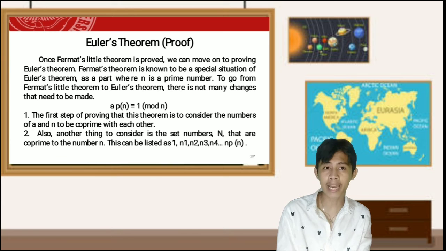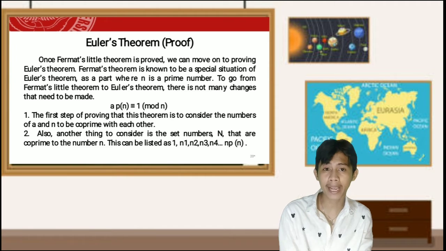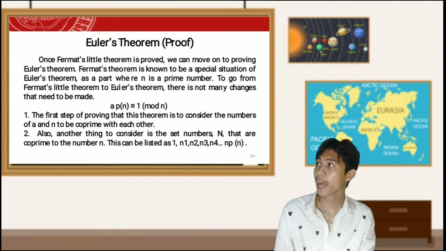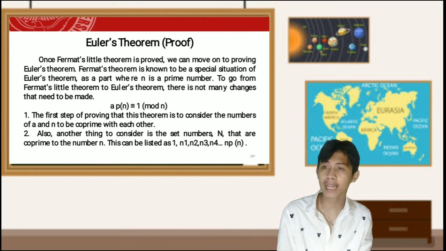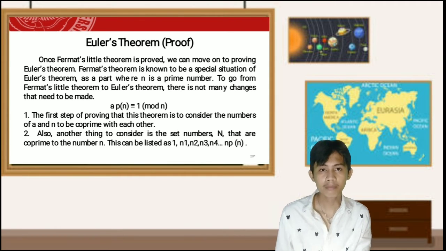The first step of proving this theorem is to consider a and n to be co-prime with each other. Then the second step: consider the set of numbers that are co-prime to the number n. These can be listed as 1, n1, n2, n3, n4, and so on, up to n_φ(n).